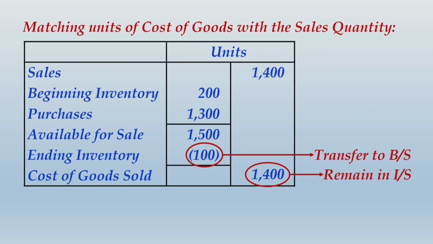So the matching principle wants these 1,400 units of cost of goods sold to match with the 1,400 units of sale actually. Now this is just the quantitative reflection. In the follow-up example, we will be considering the cost and revenue aspect as well. But first you write up this whole thing and then I take you ahead.